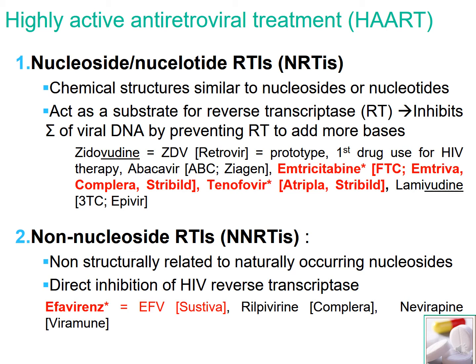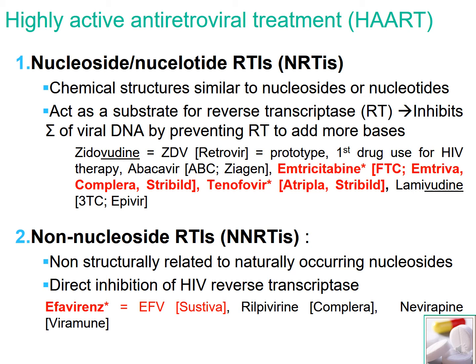So first, let's talk about the reverse transcriptase inhibitors, and there are 2 different types. You have the nucleoside and nucleotide inhibitors. Nucleosides and nucleotides are the backbone of either your RNA or your DNA structure.